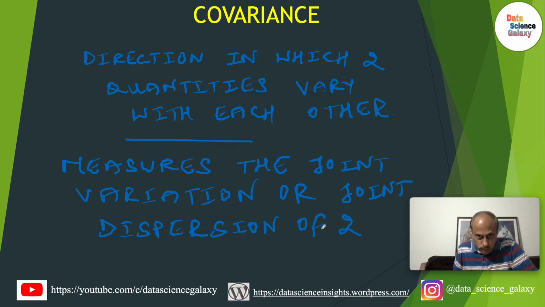To be specific, two random variables, but I'm going to call them two variables. That's a more detailed explanation of what covariance measures. So covariance is a measure of the joint variation or joint dispersion of two variables.